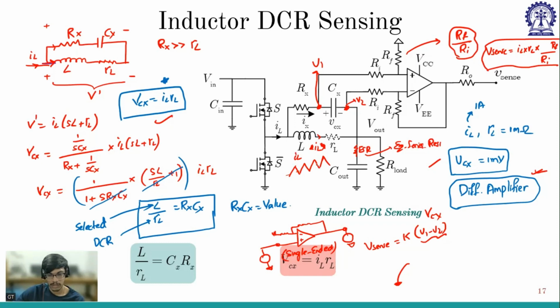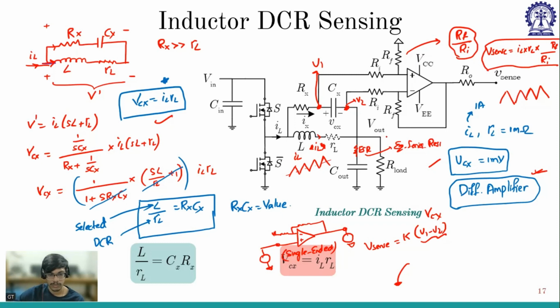So the sensed voltage will also have ripple, and we want the sensed voltage to have ripple because we will be comparing it with the comparator. We want the ripple information, right? That's why we are using this.